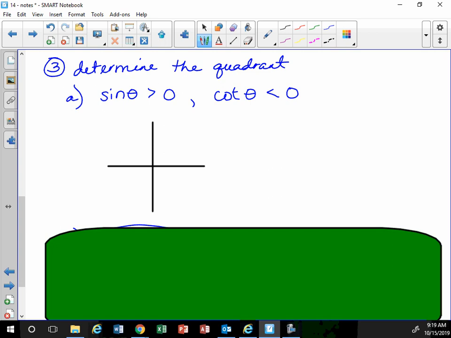So a couple things to think about here. When we have a coordinate, an xy coordinate, the x is always the adjacent part. And y is always the opposite part of our triangle. And remember, the hypotenuse is always positive.